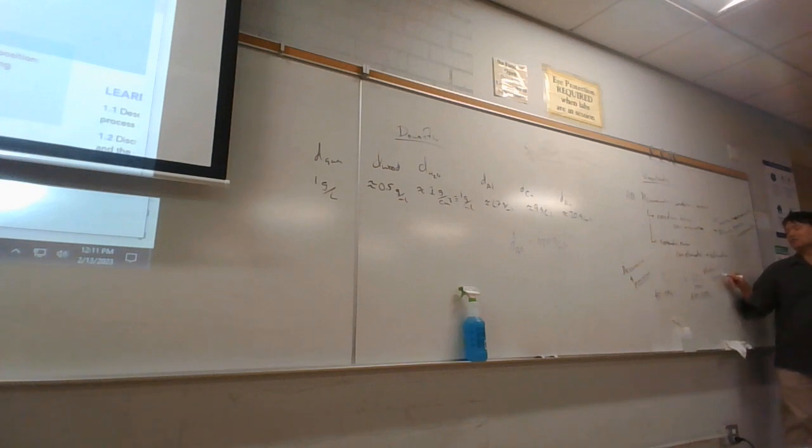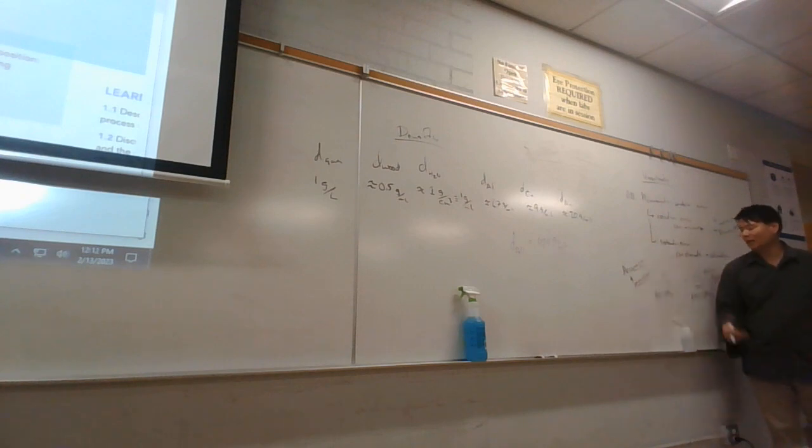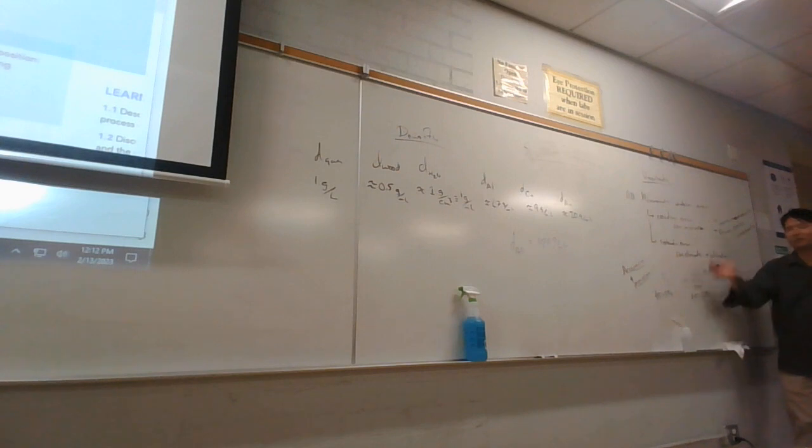Which one has higher accuracy? Well, we can't tell. We can't tell the accuracy because the accuracy depends on if the balance was calibrated. If the balance wasn't calibrated, then neither might be very accurate. Or if the balance is calibrated, then usually the one with higher precision is in general more accurate, but not necessarily.